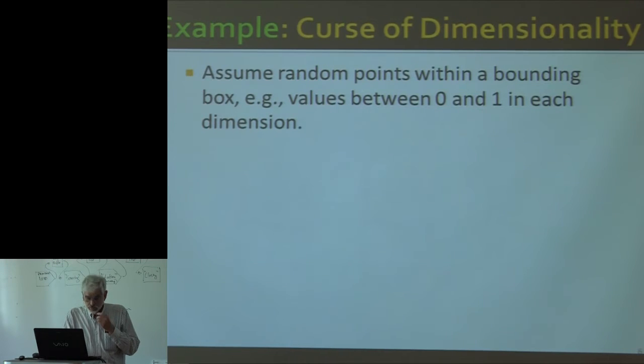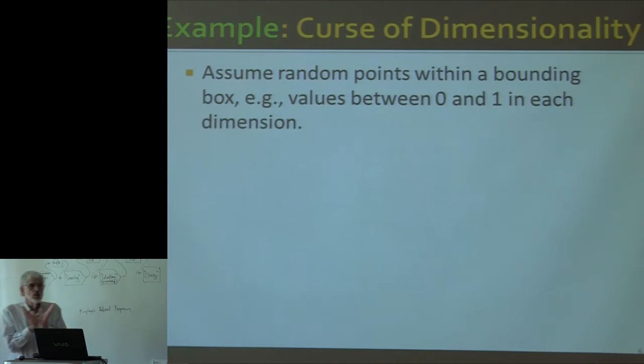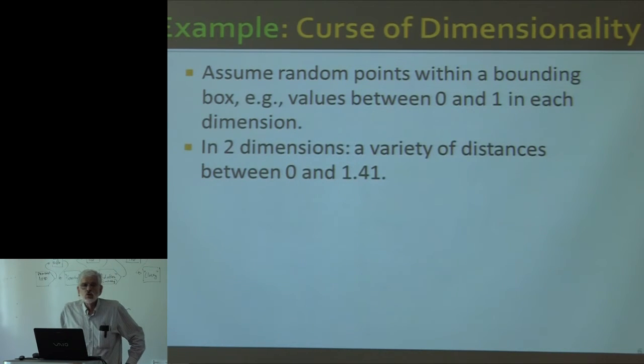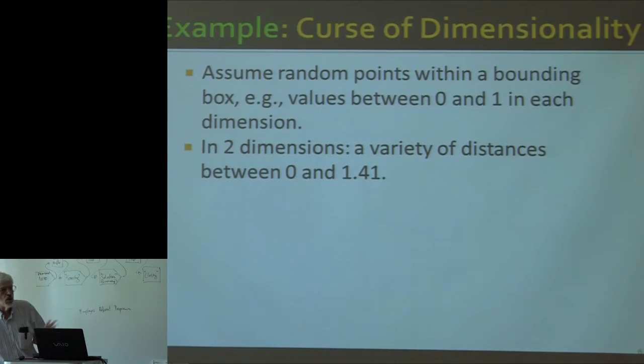So just to get specific, let's talk about an n-dimensional unit cube. All the points have locations between 0 and 1 in each dimension. I won't say how many dimensions there are. If there are two dimensions, you put random points into just a unit square. Well, they might be very close, have distance 0, or they could be opposite corners.